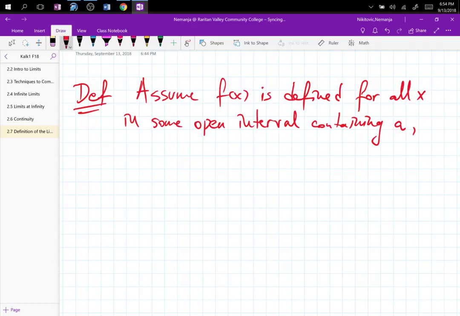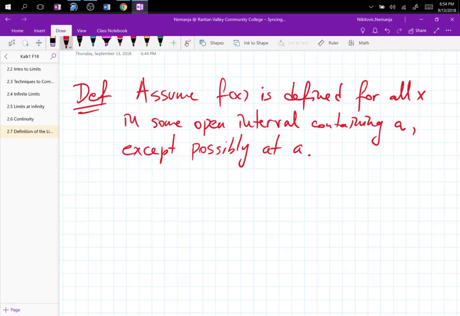except possibly at A. This statement means that all of the values in the function have to be defined.